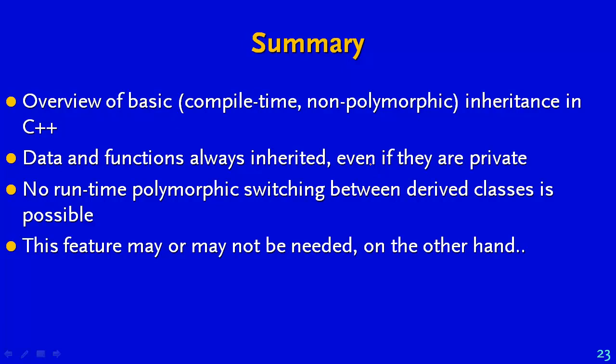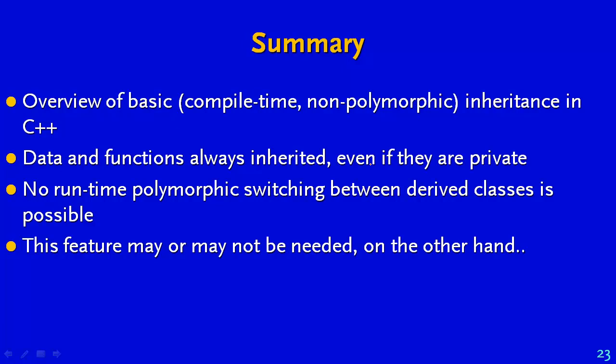Okay, so we're finished with the basic inheritance. We concentrated on the actual mechanics of creating a derived class. So just as before, you create a derived class with an HPP and a CPP file, and you derive it from the base class.